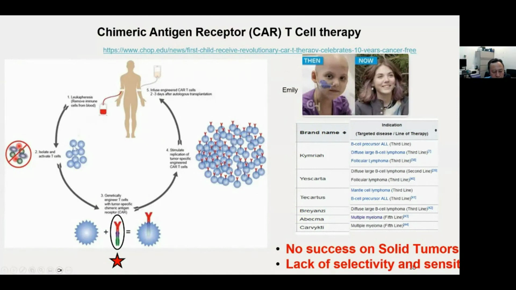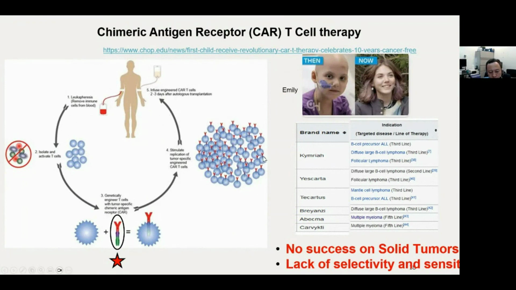Then you isolate the T-cells and do the transfection of the gene coding the chimeric antigen receptor, and let it express. Then these T-cells will be able to recognize the specific biomarker on the tumor, and to activate the T-cell to start the killing program to remove the tumor.